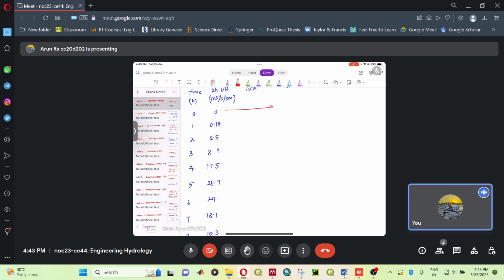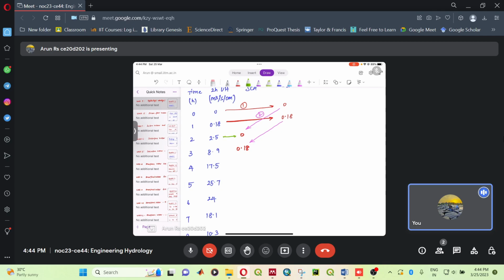So I'll write it properly so that you can easily refer later. So this is first step. 0 will come into this place and this will come here. So that is the second step. So here it will be 0, here it will be 0.18.